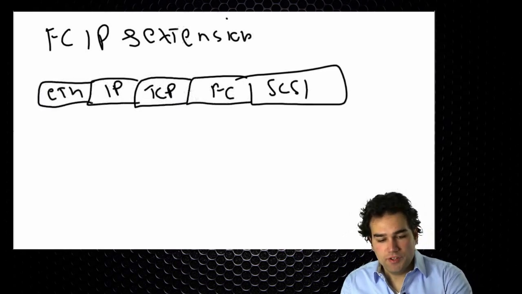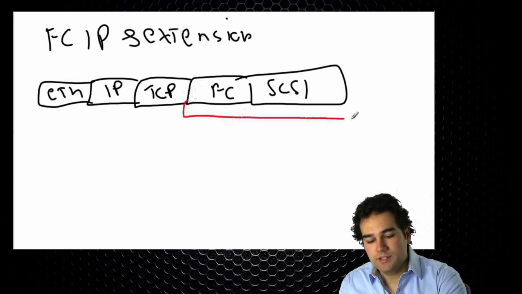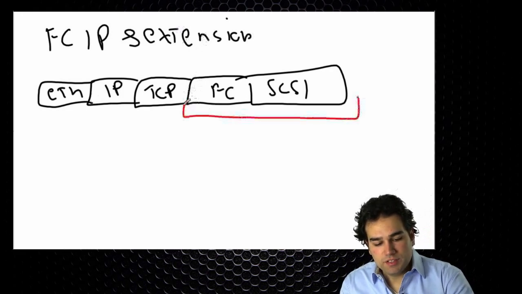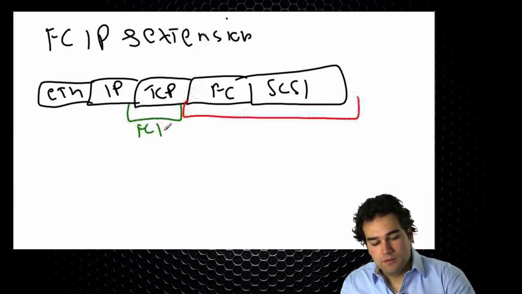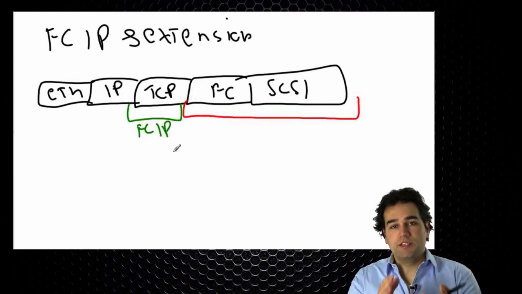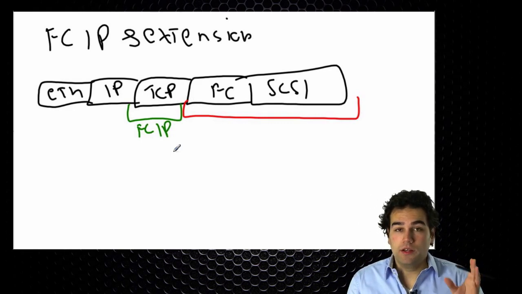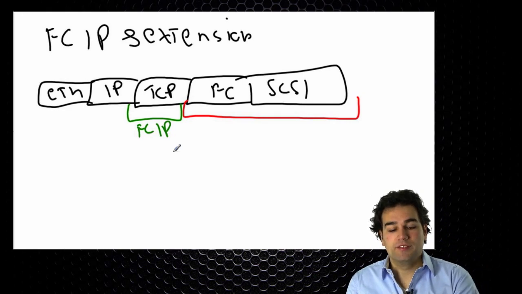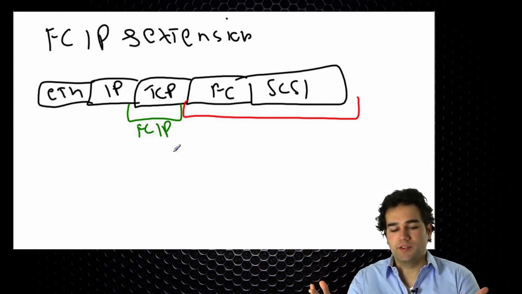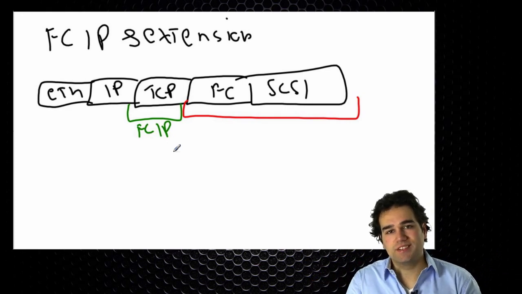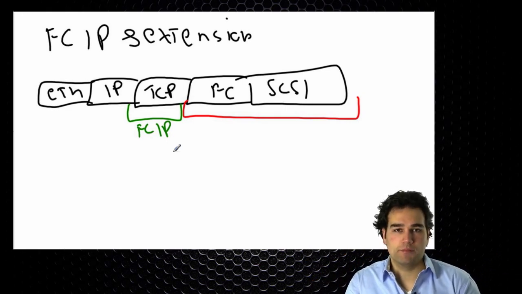So this is just my original frame here. Then we use a special TCP port. So this is my FCIP encapsulation. And of course TCP is transported over IP. So this is FCIP, not used for host to disk connectivity. It's just used for switch to switch connectivity and usually between different data centers. This is a topic that we discuss extensively in the data center bootcamps.